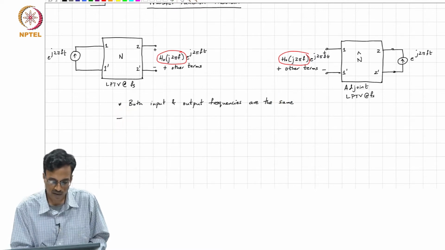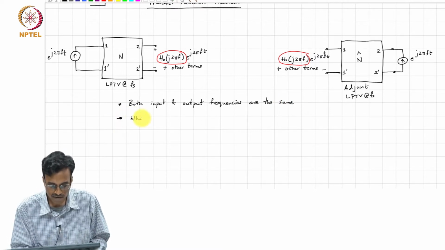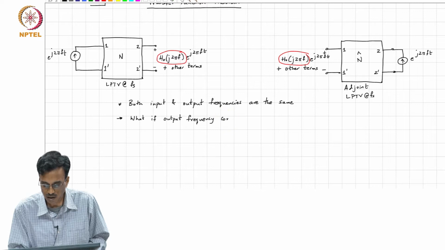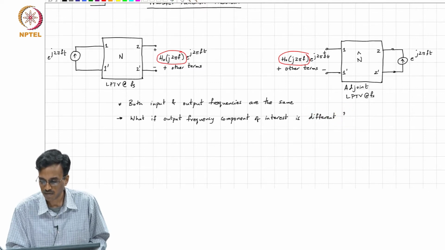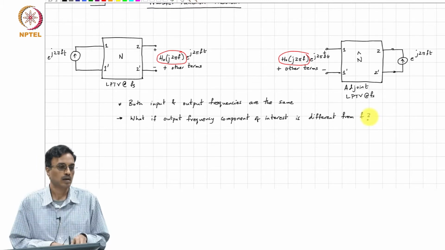So, the obvious question is, what if the output frequency we are interested in is different from f? All right.